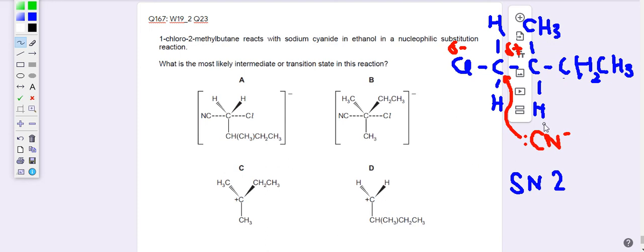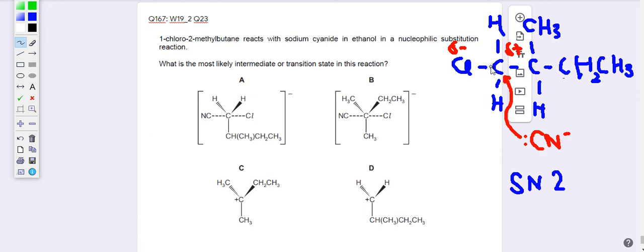Now, what's the reason that it will undergo the SN2 mechanism and not SN1? It is because this carbon is only bonded to one R group, so there is space for the nucleophile to attack the carbon. If you have a tertiary halogenoalkane, with 3 R groups, it is too bulky, there is no gap for the nucleophile to attack the carbon.